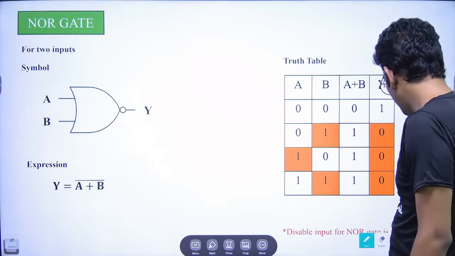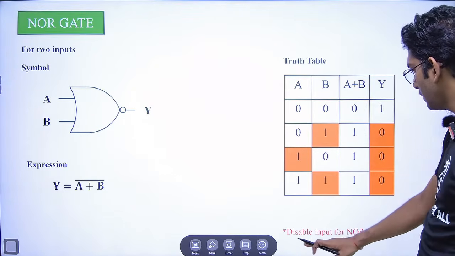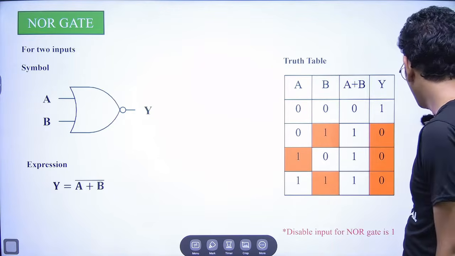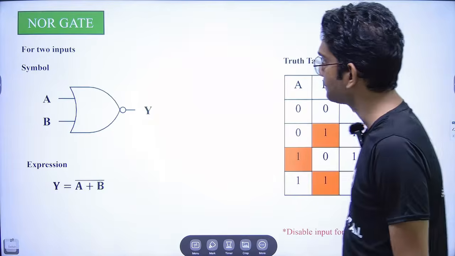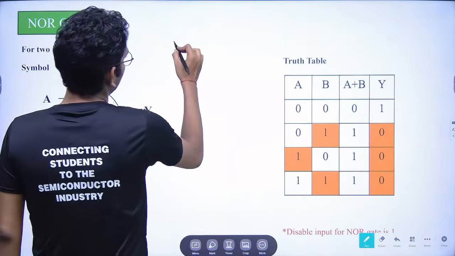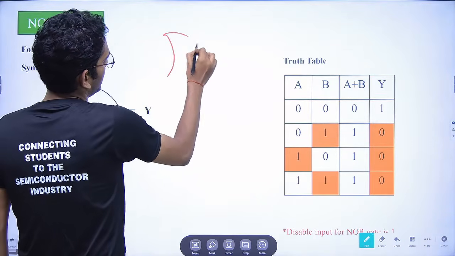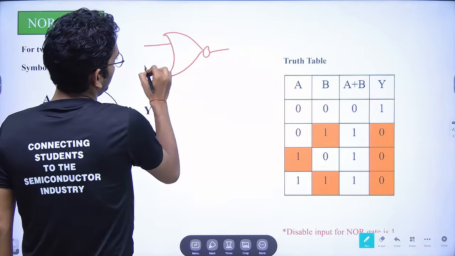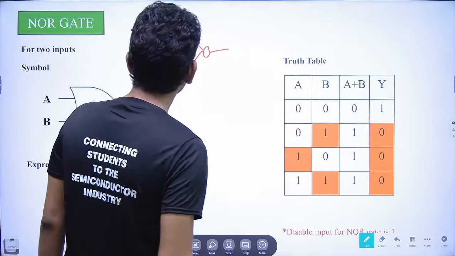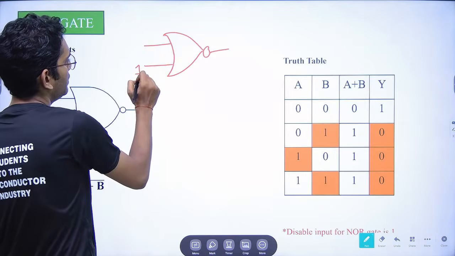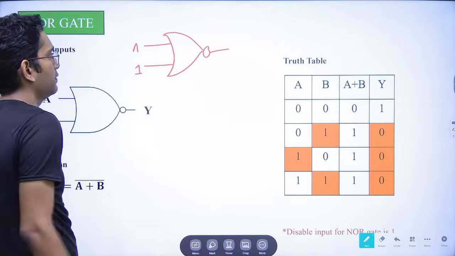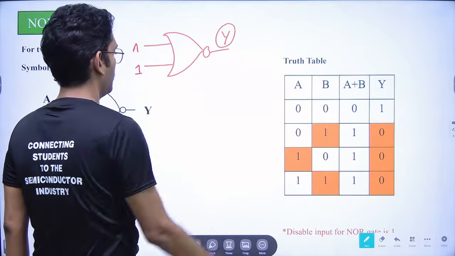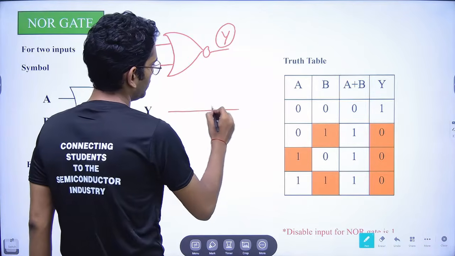Now one more thing: the disable input for the NOR gate is 1. How this is happening, let me explain. Let us take a basic example of the NOR gate. If we apply 1 and any other input A, let us check what we will get at the output.